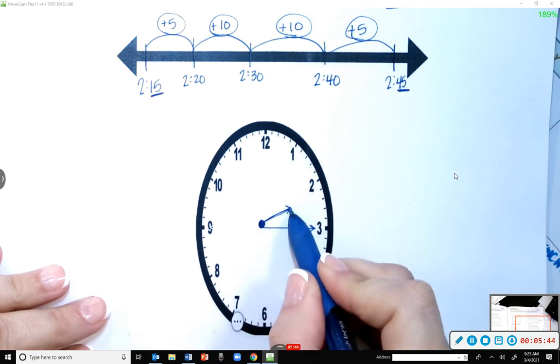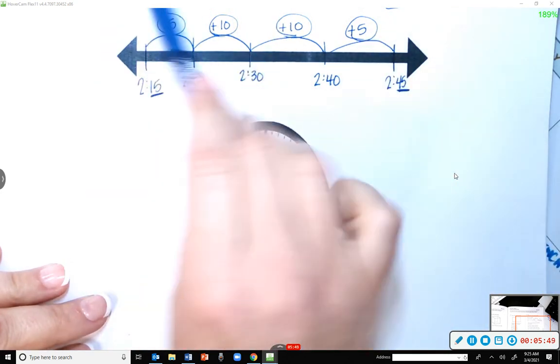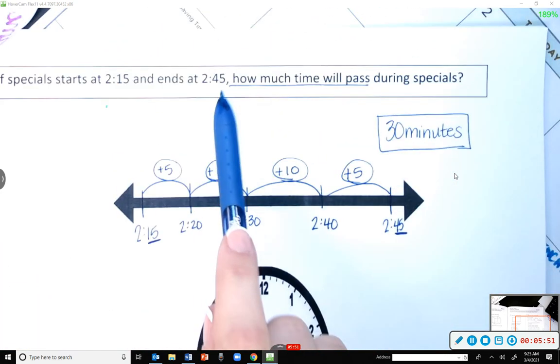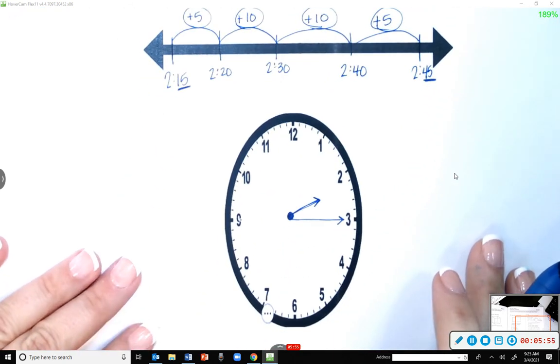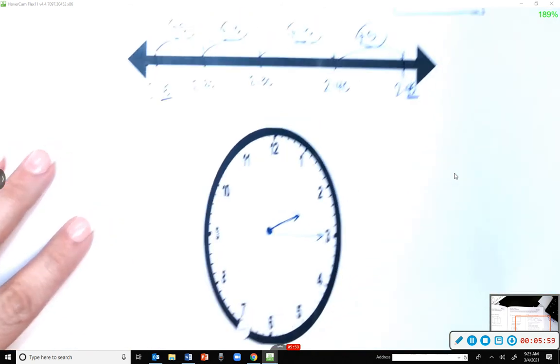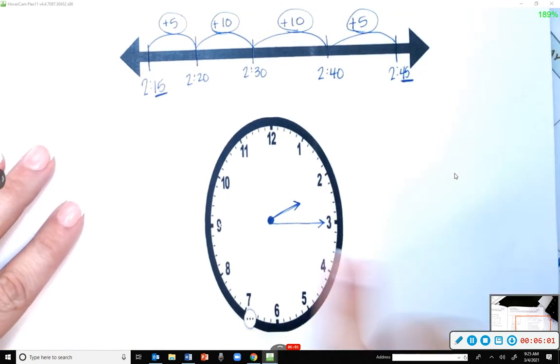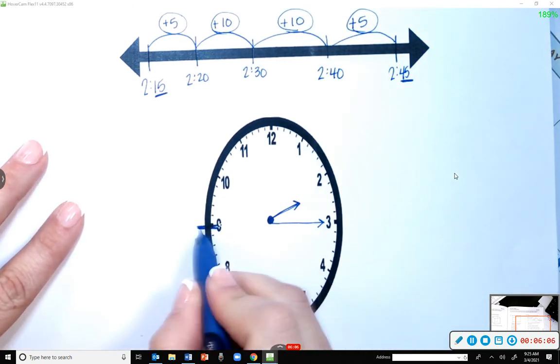Very good. Okay, so then I would need to go around until we got to 2:45 on the clock. So 2:45 would be where? What number on the clock, Allie? The 9. So I would need to stop here.